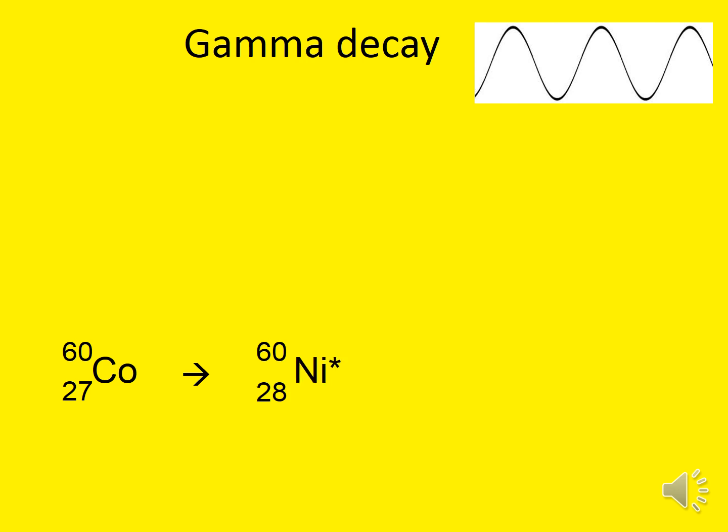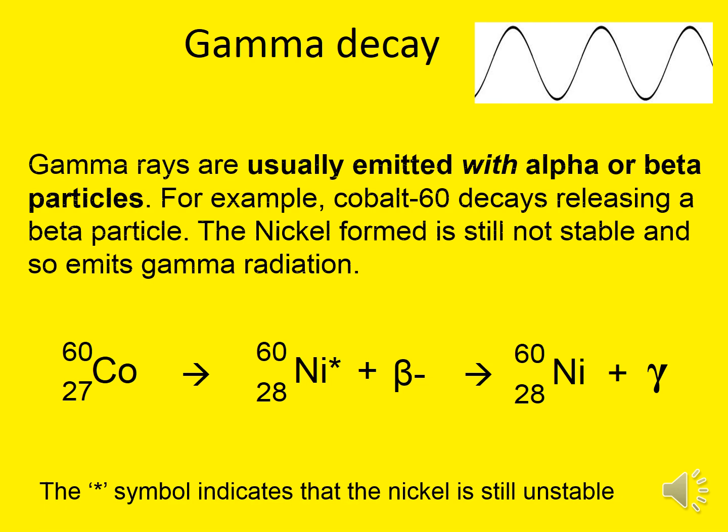Okay, and that usually happens in association with other decay. So you have your first decay, such as cobalt to nickel here, but that's still unstable. So you've got your decay there by beta minus emission, because the atomic number has increased, but that nickel on its own is still unstable as it is. So what happens, that nickel then gives out the gamma ray to help stabilize itself. It doesn't change what it is, it's still 28 60, but this is not quite stable, so it gives out a gamma ray and becomes more stable, so it's happier with that.